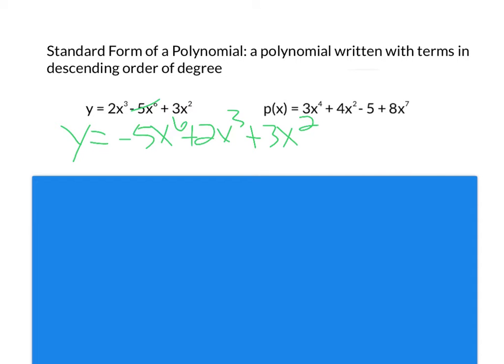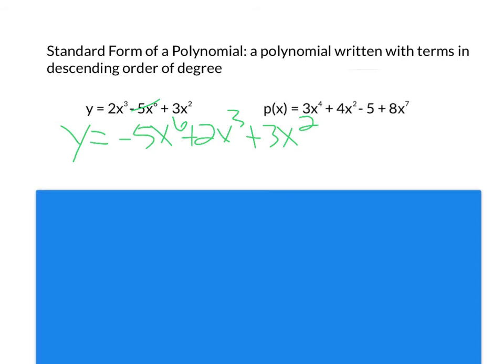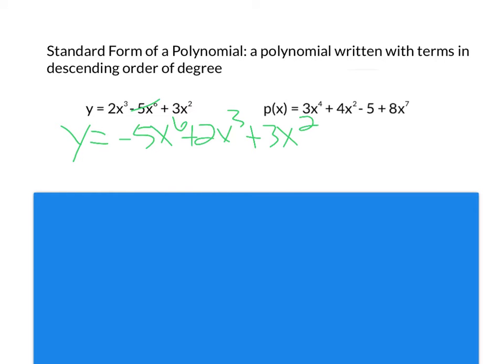Looking at our other example, with p of x equals 3x to the fourth plus 4x squared minus 5 plus 8x to the seventh, we determined that the degree was 7. So when we rewrite our function, we're going to start off with our term 8x to the seventh first. The next highest degree is 4, so we would then write plus 3x to the fourth.